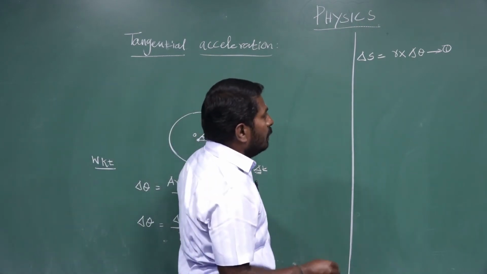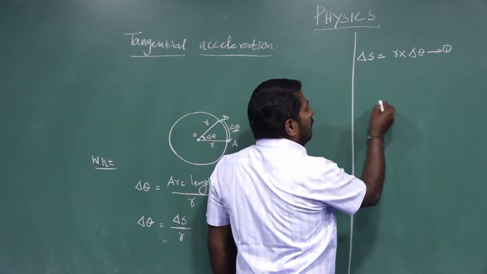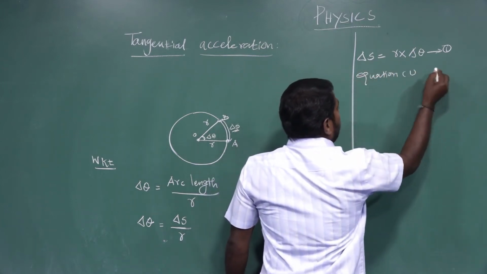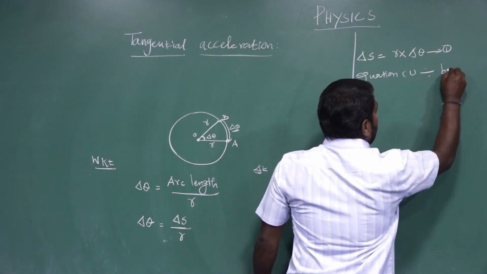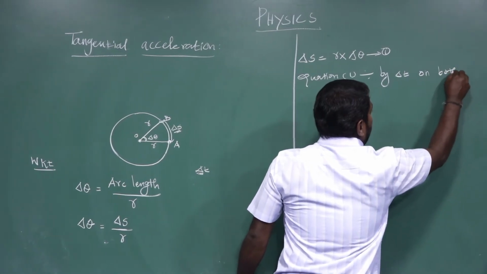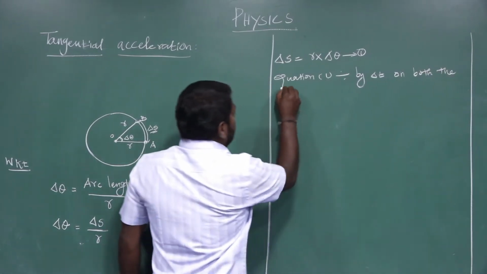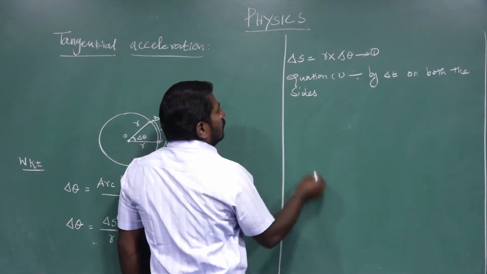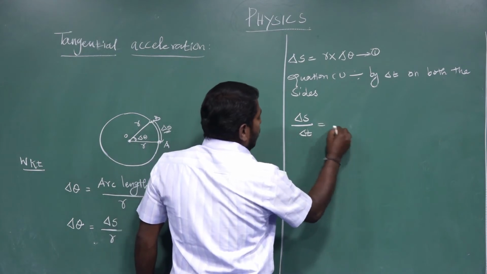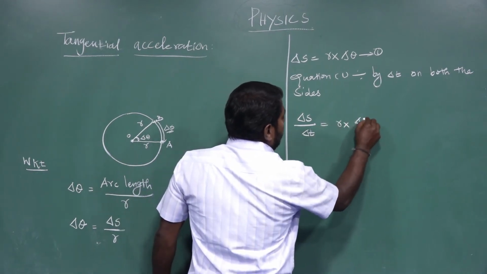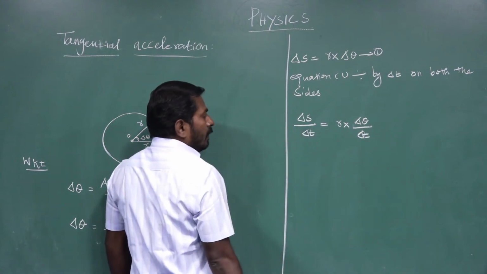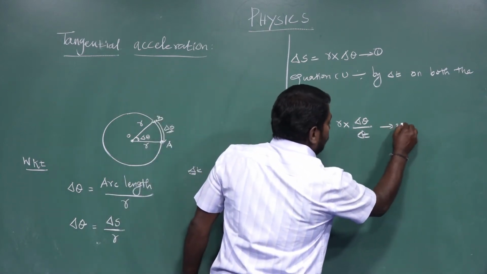Divide equation 1 by delta t on both sides. So delta s divided by delta t is equal to r into delta theta divided by delta t. This is equation number 2.